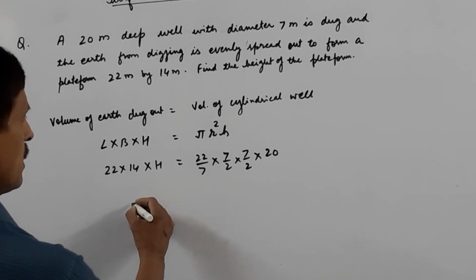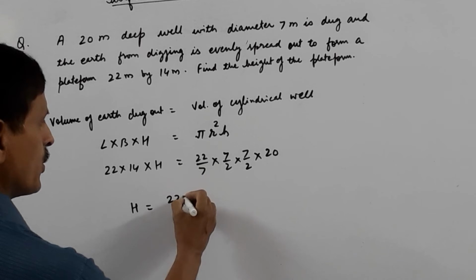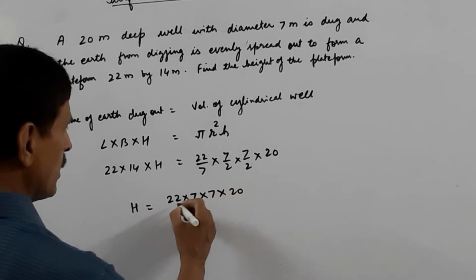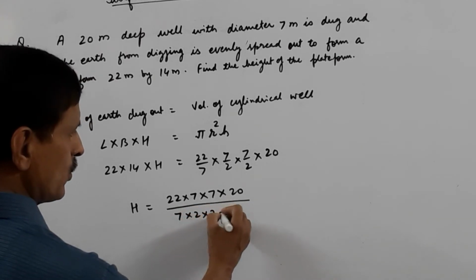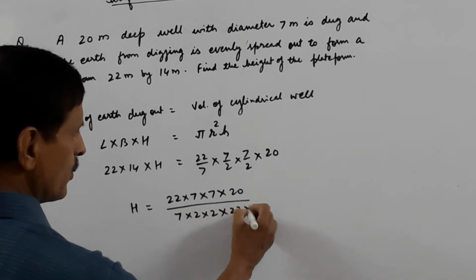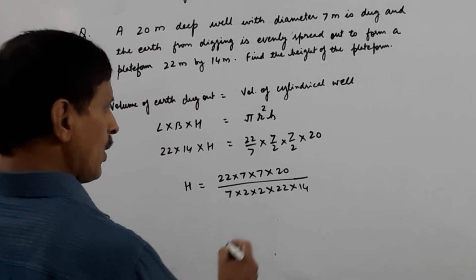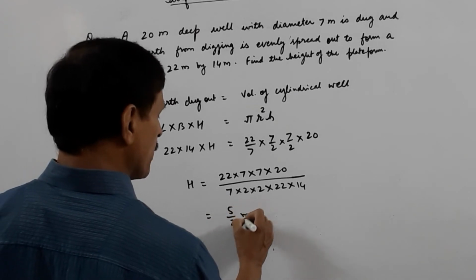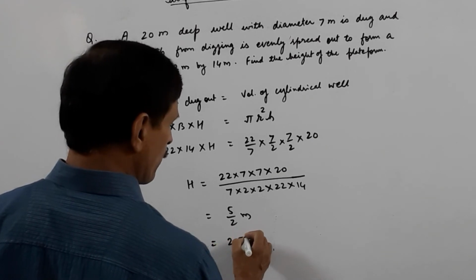Thus the height is equal to 22 into 7 into 7 into 20 upon 7 into 2 into 2 into 22 into 14. On cancellation we get 5 by 2 meters, that is 2.5 meter.